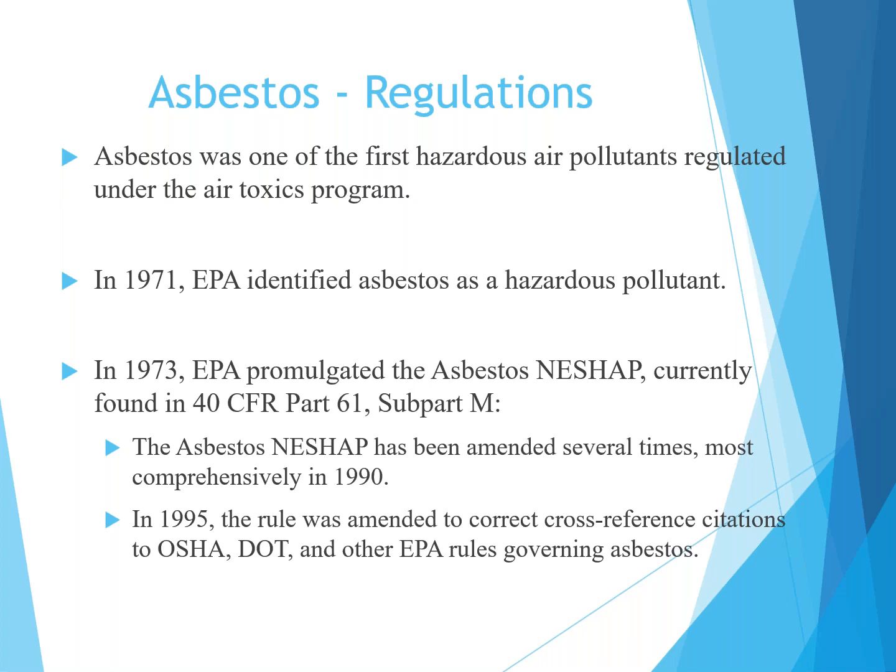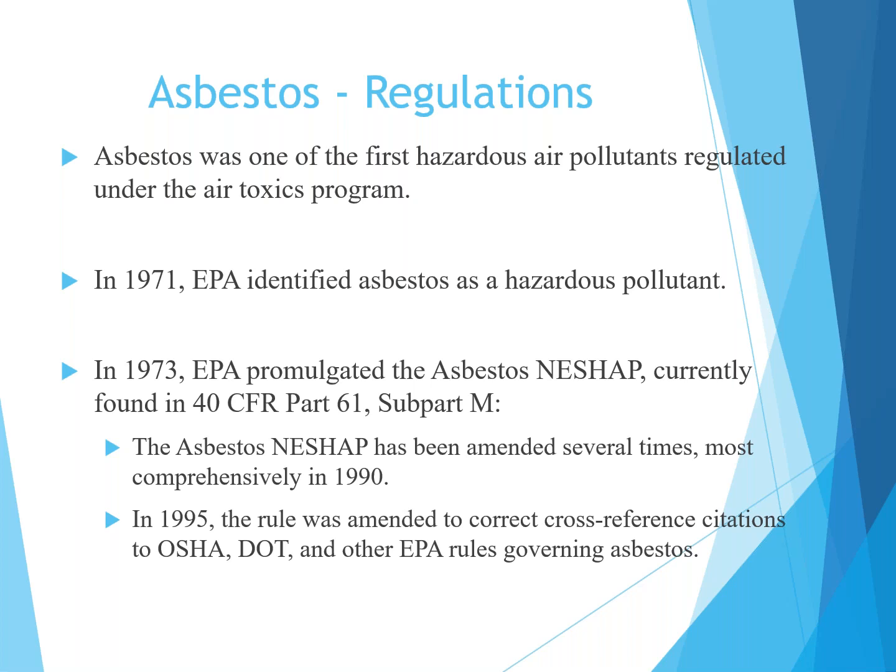In 1973, EPA developed the asbestos NESHAP, currently found in that regulation 40 CFR Part 61 Subpart M. It is worth noting this has been amended several times, most comprehensively in 1990. In 1995, the rule was amended to correct cross-reference citations to OSHA, DOT, and other EPA rules governing asbestos.